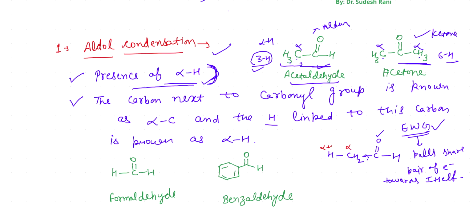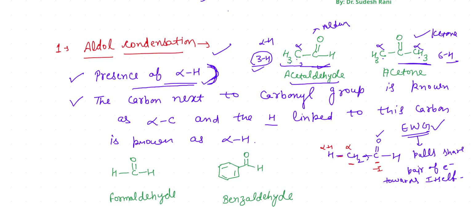Due to the electron withdrawing inductive effect of the carbonyl group, it withdraws electrons from the adjacent carbon-carbon bond. This makes the alpha carbon electron deficient. The alpha carbon in turn withdraws electrons from this C-H sigma bond.